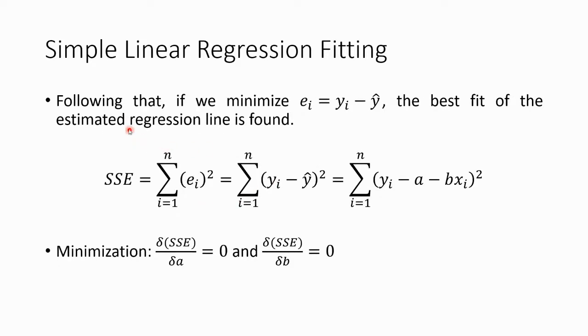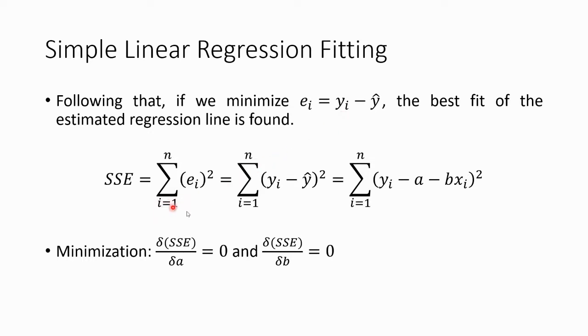Following that, a true value of yi minus the y hat, which is the response given to us by our fitted regression line. The difference between the true response and the predicted line will give us an error E. So if we can minimize E over here, then we have found our best fitted regression line.